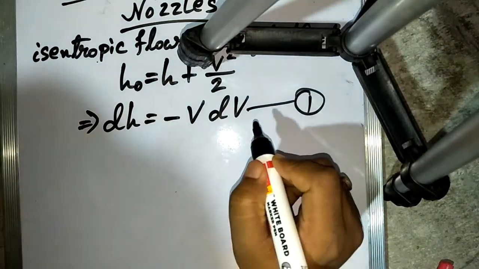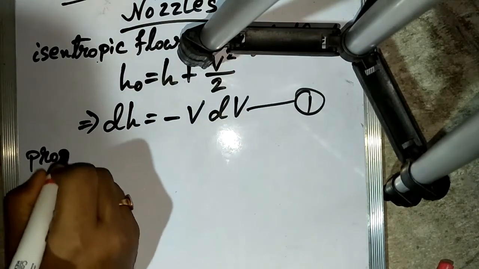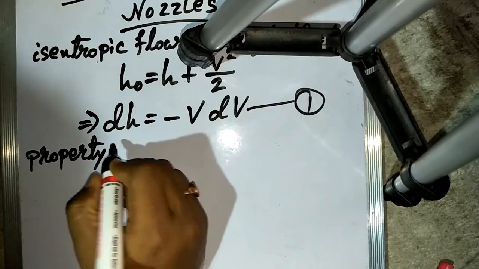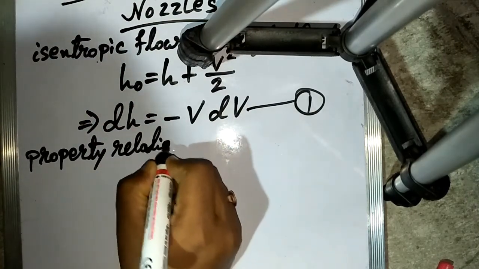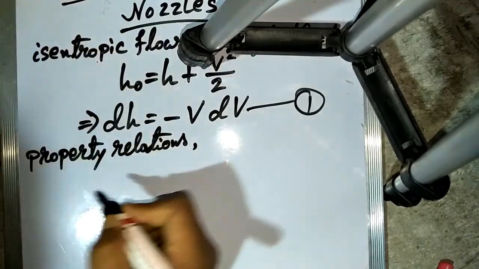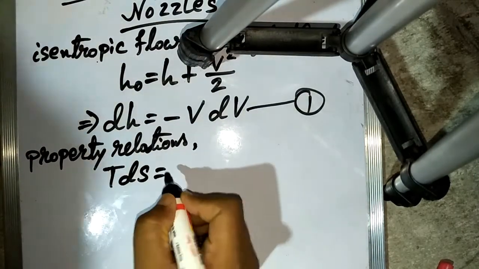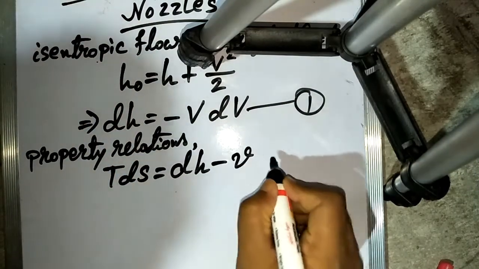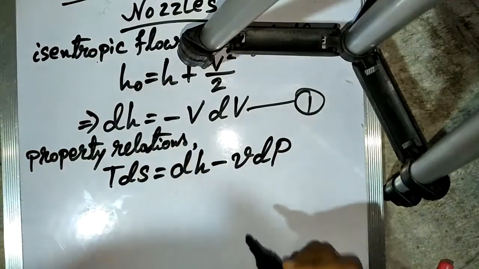And from the property relations, we can write T dS is equals to dH minus v dP. This v is specific volume.